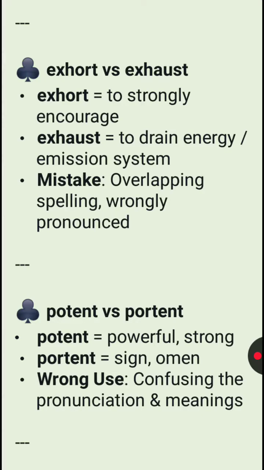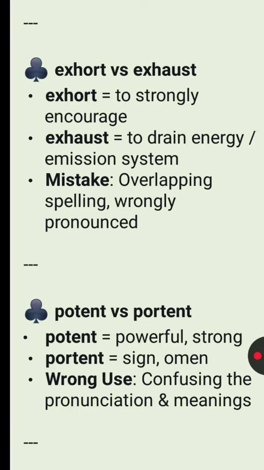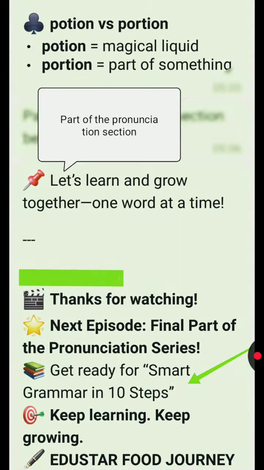Mistake, overlapping spelling, wrongly pronounced. Next is potent versus portent. Potent, powerful, strong. Portent, sign, omen. Wrong use, confusing the pronunciation and meanings. Potion versus portion. Potion, magical liquid. Portion, part of something.